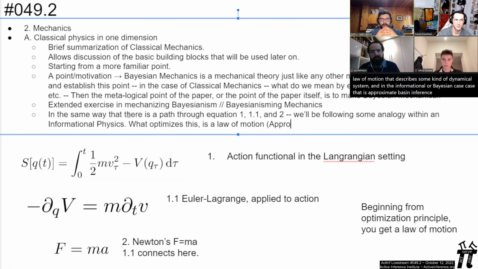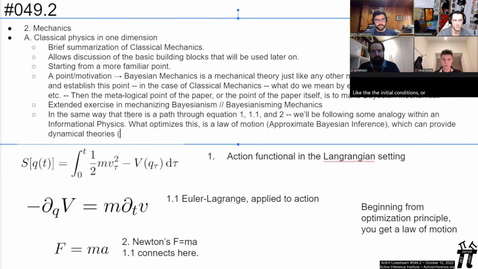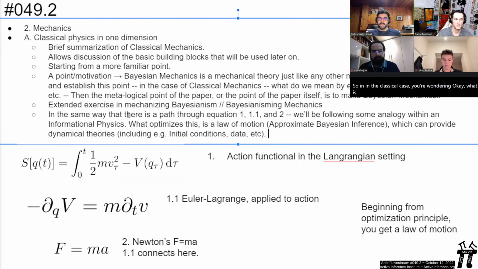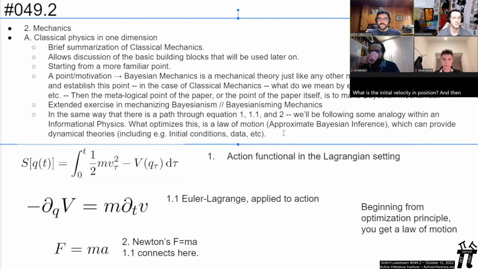Once you have that law of motion, you can start plugging things in and get dynamical theories based on certain boundary conditions, like the initial conditions or data about what these symbols actually mean. In the classical case, you're wondering, okay, what is precisely the potential that I'm interested in? What is the mass? What is the initial velocity and position? And in Bayesian mechanics, you might be interested in, where is the boundary or the Markov blanket?